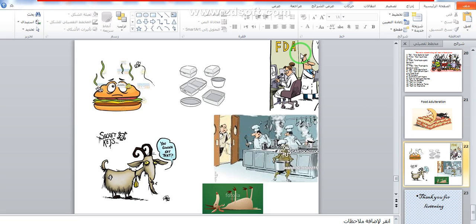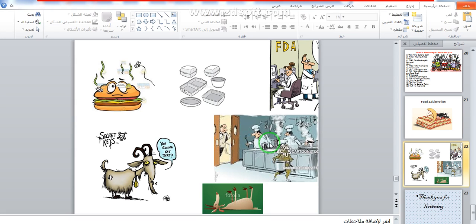Number 1, if the food contains faulty, putrid, or decomposed substances. Number 2, if the food contains poisonous, unsafe chemicals or food additives. Rule number 3, if the food has been prepared, handled or packed under unsanitary conditions, whereby it became contaminated with microorganisms and chemicals.